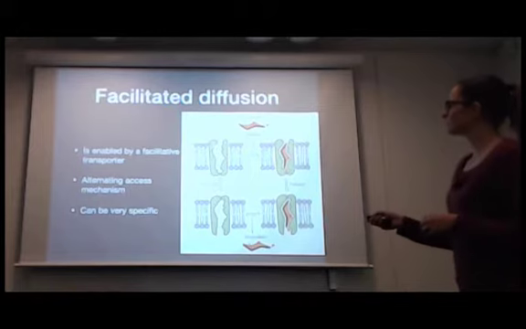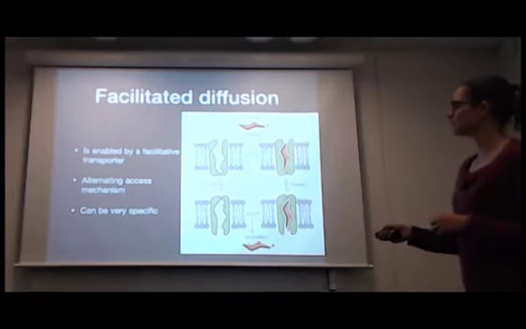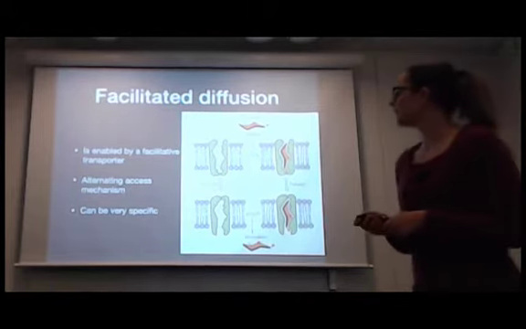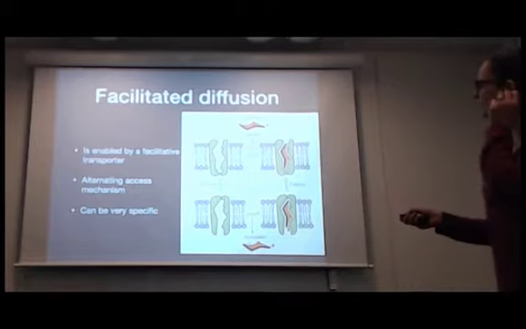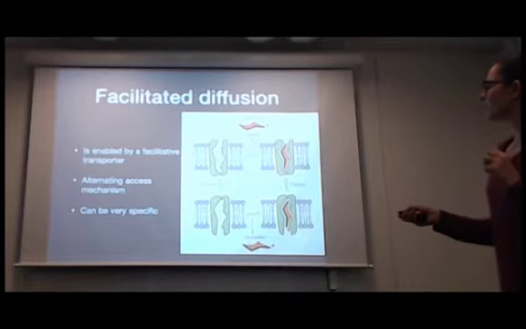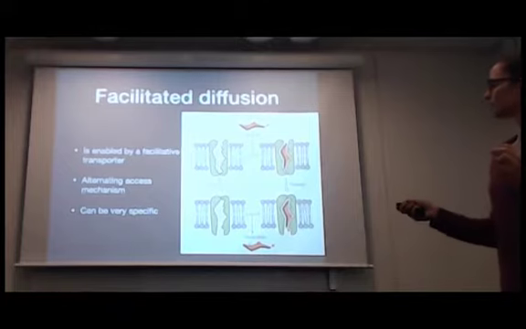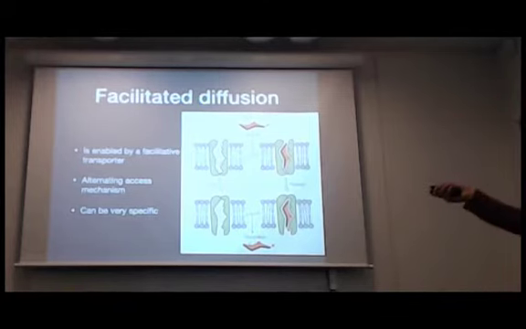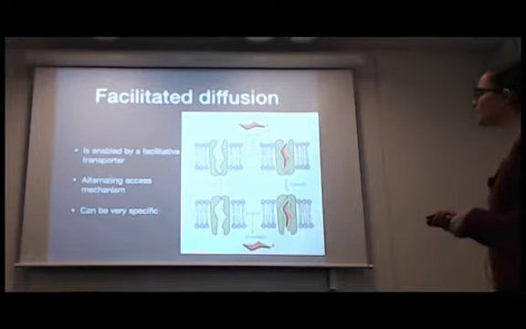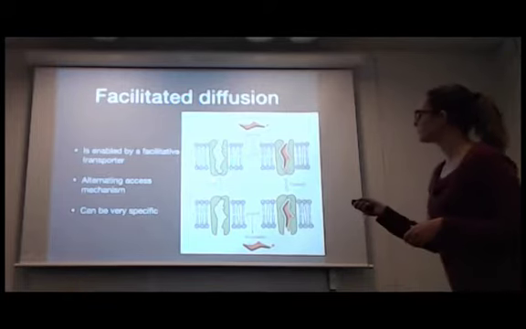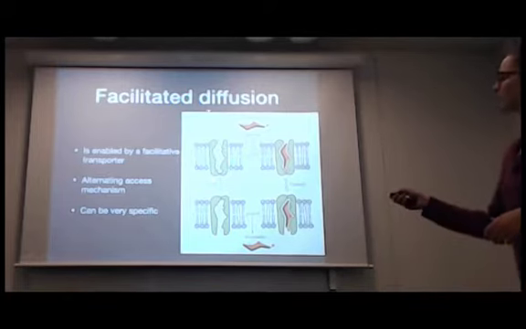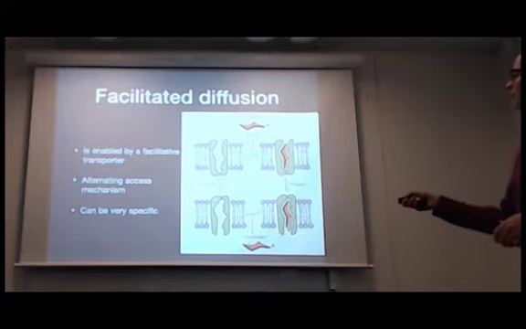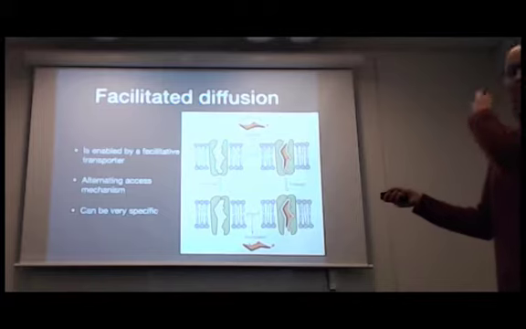So this is meant to show a transporter in green, and this transporter is able to adopt different conformations, one facing the outside of the cell and one facing the inside. So if glucose is present outside of the cell, then glucose will be able to bind into the transporter when it's facing outwards.